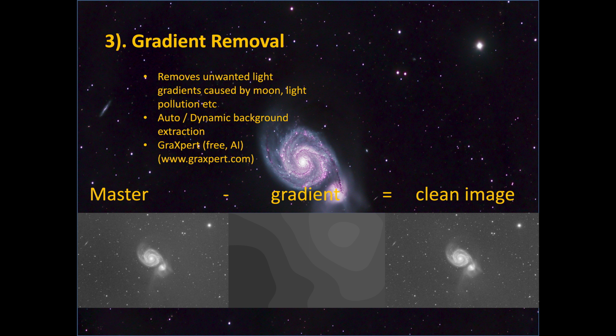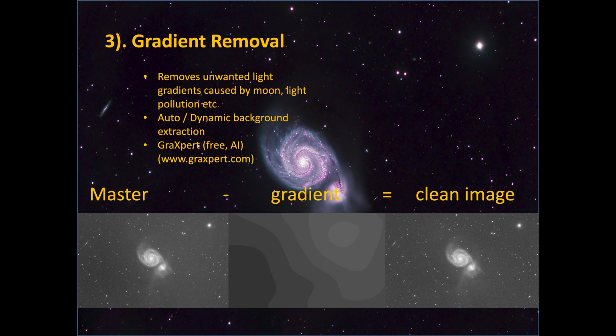There's both automatic and dynamic background extraction. Dynamic background extraction can be a little tedious, but it works pretty well. Lately, though, I've been using GraXpert, which is a free download, graxpert.com, and it utilizes an AI system which will automatically put the sample points on your image and then remove the background.